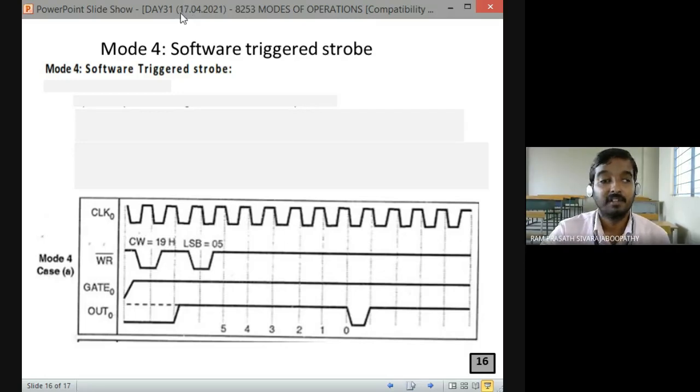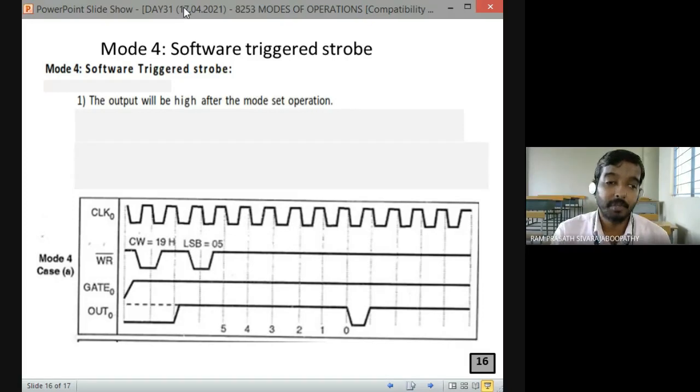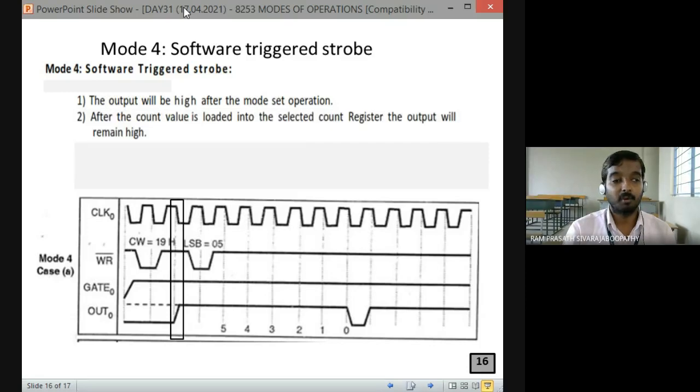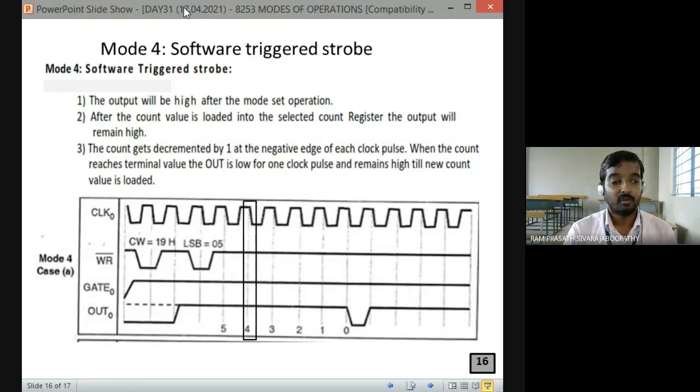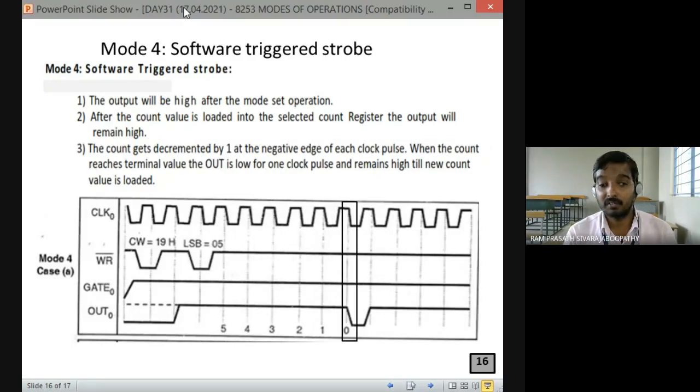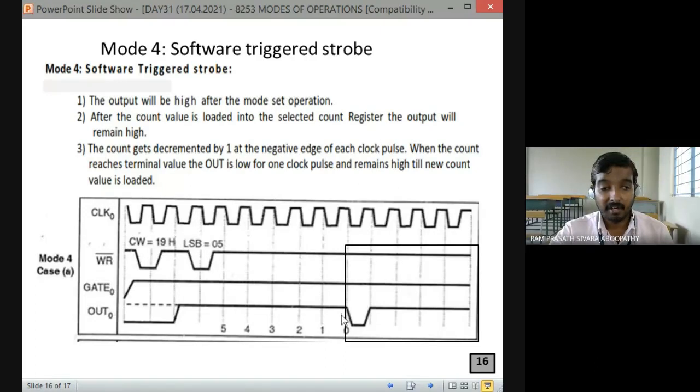Okay, fine. இங்கேயும் first out pin becomes high after the mode set operation. கரெக்டா? அடுத்து நல்லா கவனிக்கணும், count value நம்ம போடுறோம். count value போட்ட உடனே நமக்கு என்ன ஆகுது பாருங்க, count value நம்ம போட்ட உடனே என்ன ஆகுது? count load ஆகுது. fine. count load ஆகுது, out ஹைலே தான் இருக்குது. ஸோ அடுத்து என்ன ஆகுது பாருங்க, 4, 3, 2, 1, 0. நல்லா கவனிக்கணும், ஆன் டெர்மினல் கவுண்ட் when it reaches the terminal count, ஒரு பல்ஸ் டியூரேஷனுக்கு என்னோட அவுட் என்ன ஆகுது? லோ ஆகும். எஸ், நல்லா கவனிச்சிங்கன்னா தெரியும், ஆஃப்டர் டெர்மினல் கவுண்ட் ஒரு கிளாக் பீரியடுக்கு லோ ஆயிட்டு திரும்ப ஹைலே மெயின்டைன் ஆயிடும்.